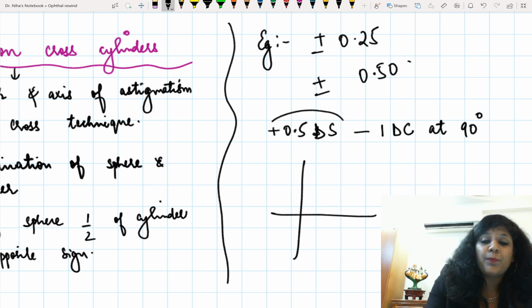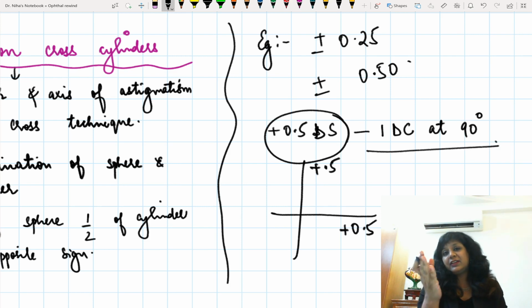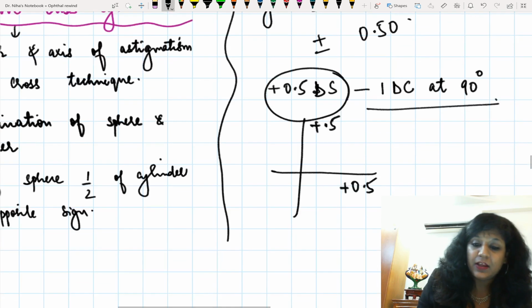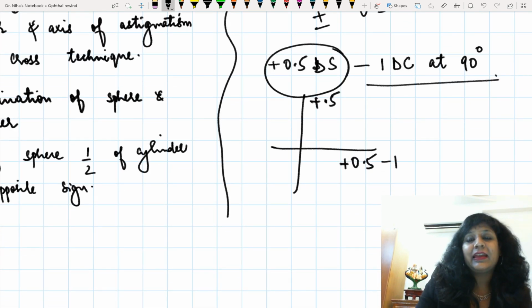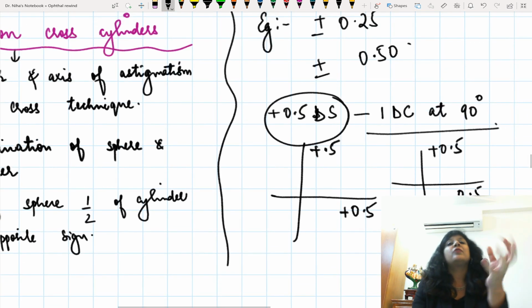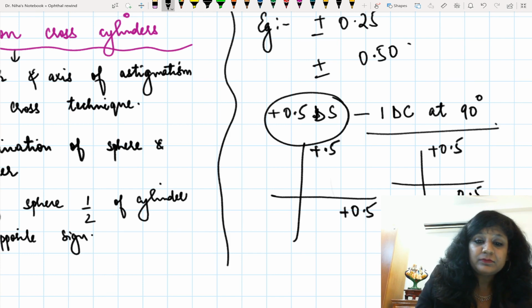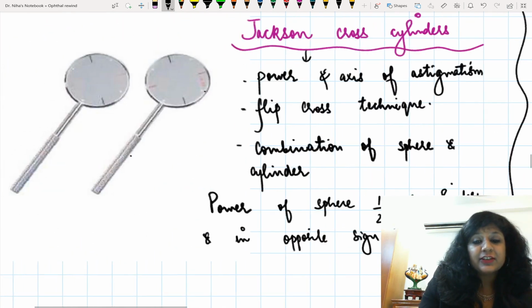Because 0.5 is the sphere, 0.5 will act here also and 0.5 will act here also, and minus 1 cylinder at 90 degrees. The power of the cylinder will always act at a perpendicular plane. So minus 1 cylinder is acting here. So ultimately you are left with plus 0.5 here and minus 0.5 here. So this spherocylindrical combination will give you two spheres of equal power with opposite sign, right?